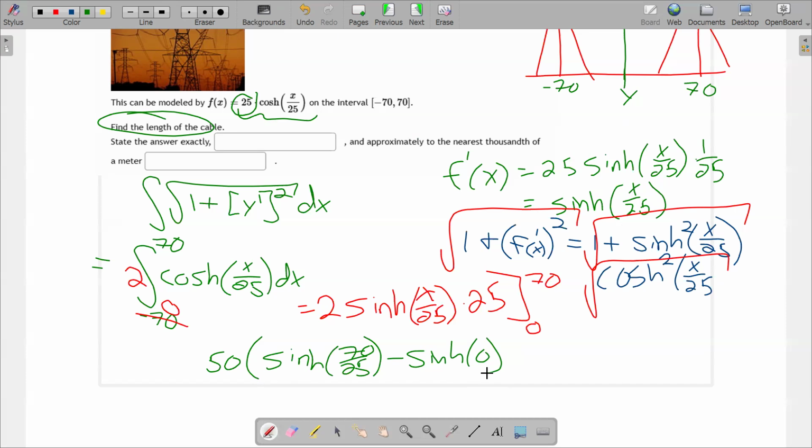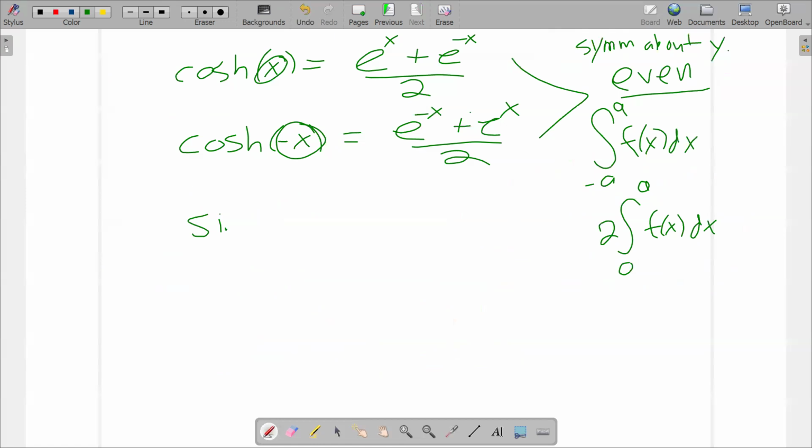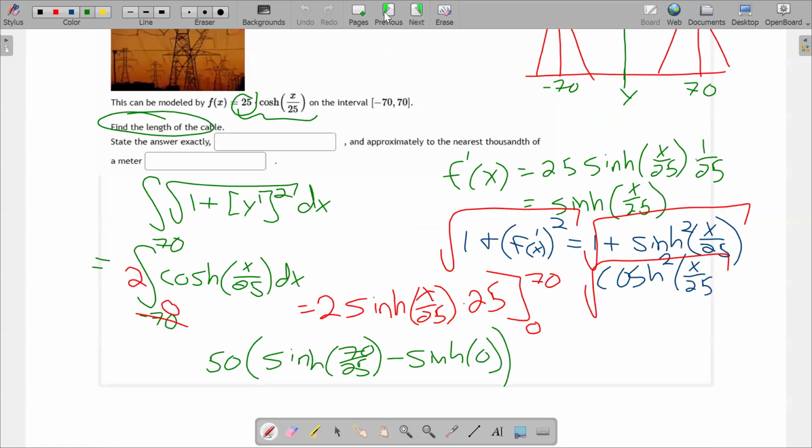Sinh of 0, just for fun, would be e to the 0 minus e to the negative 0 over 2. What's e to the 0? 1. E to the negative 0 is still 1. 1 minus 1 is 0. So it turns out the sinh of 0, like the sine of 0, is 0. It passes through the origin. All right, so that means that one's gone. So my exact answer is that right there.